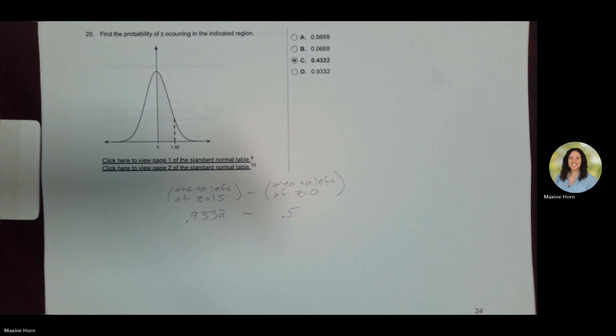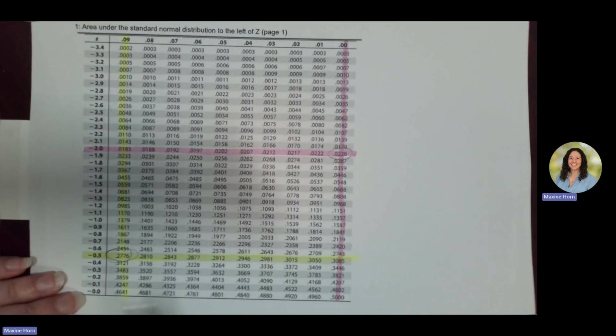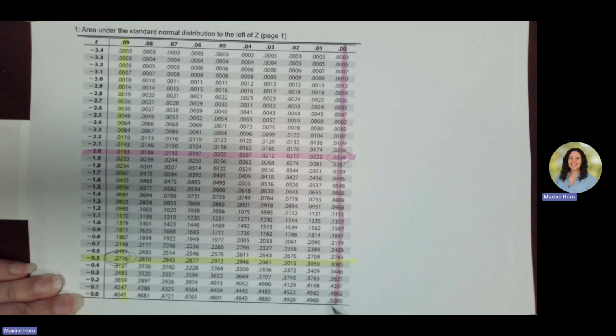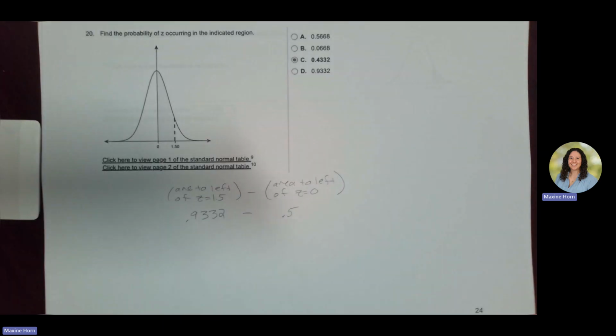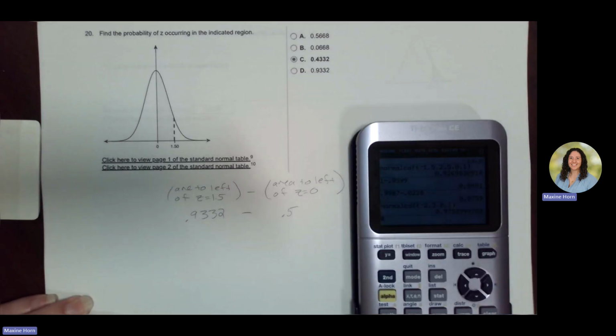But if you forgot that and you went to look it up, you would say, okay, 0, 0, oh, look, it's 0.5. Or even if you were looking at the other one and you say 0, 0, oh, look, it's 0.5. Right? So even if you forget it, you'll still get the same thing. It'll just save you a little bit of time if you do it that way.